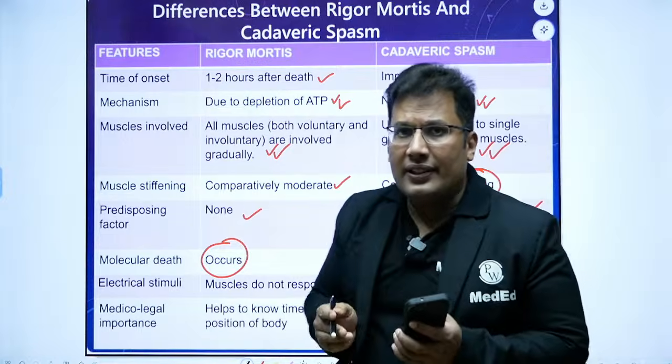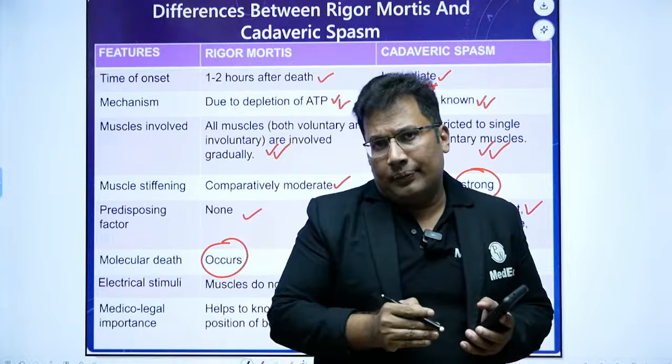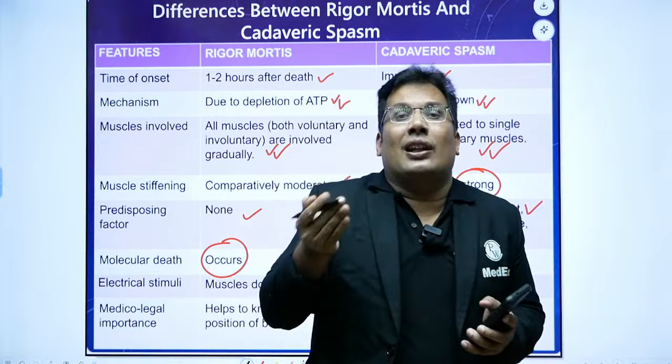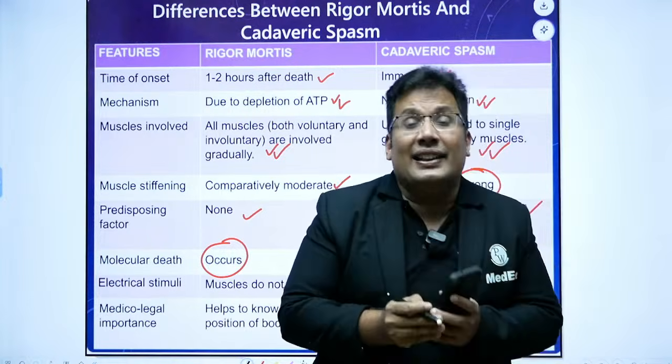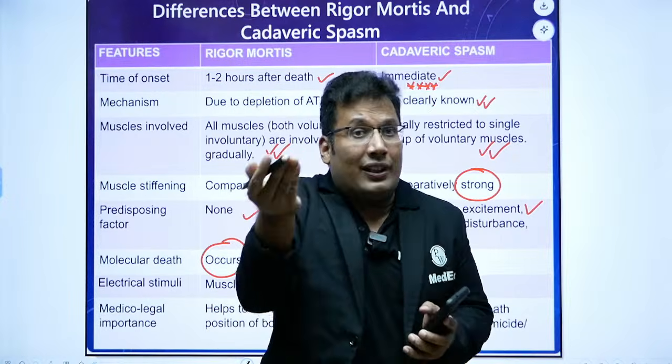Try to understand this. In cadaveric spasm, there is no molecular death. Molecular death means cellular death, death at the cellular level. That is classically seen in rigor mortis, but absent in cadaveric spasm.